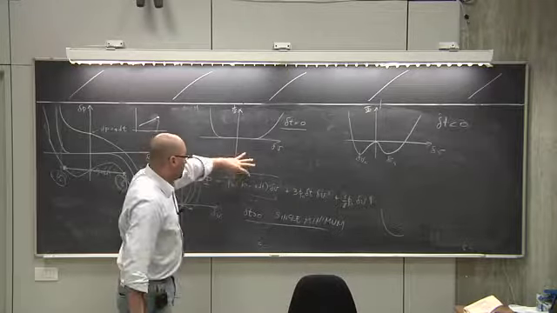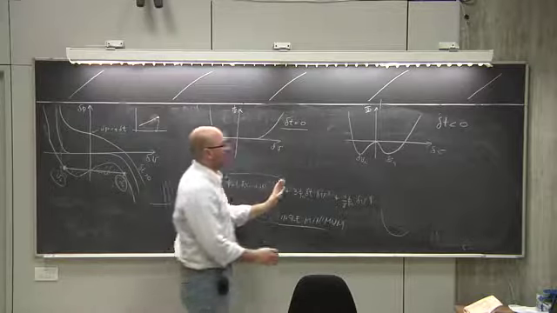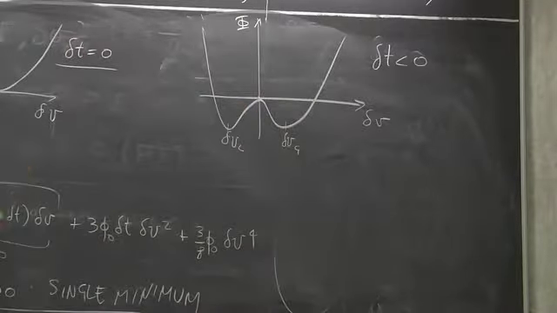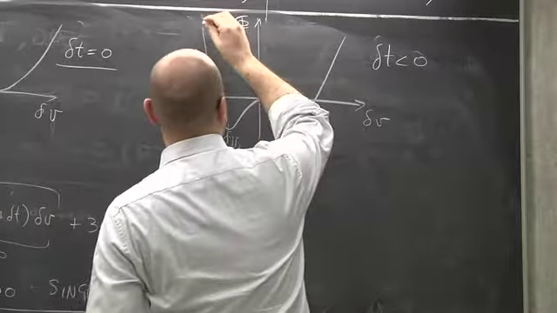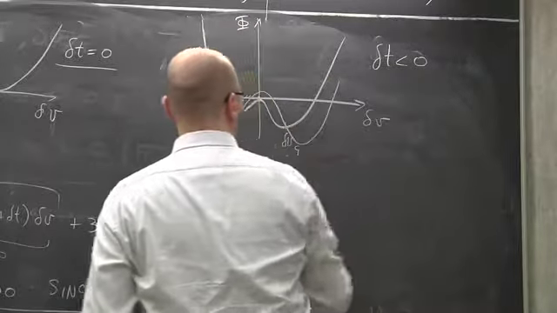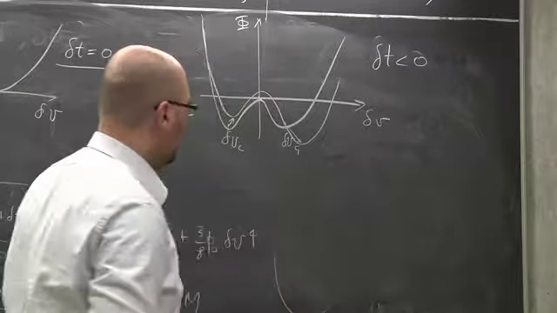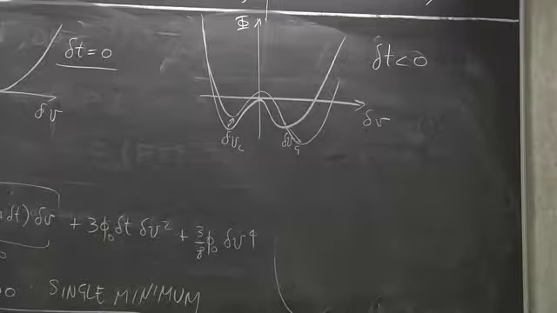If I change delta p minus 4 delta t to positive or negative, I do not change the number of minima. The only thing I do is tilt them. So this goes down and this goes up, and one becomes more convenient than the other.